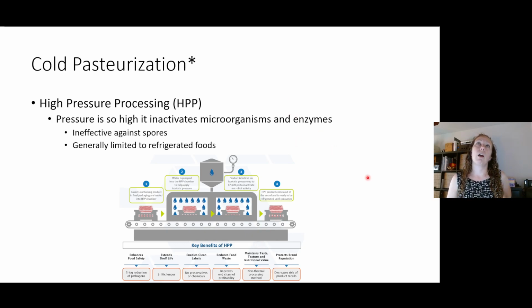There are lots of other ones that I can't even think of right now, but this is a growing thing in the industry. It is expensive because it's in batches.